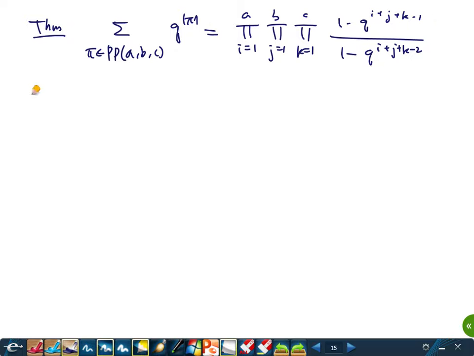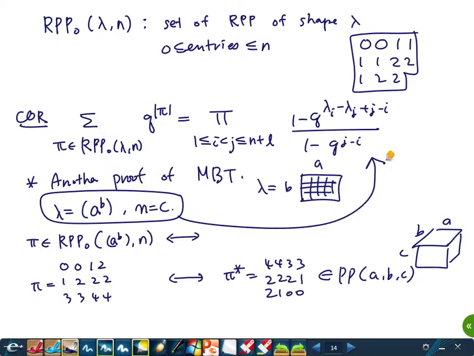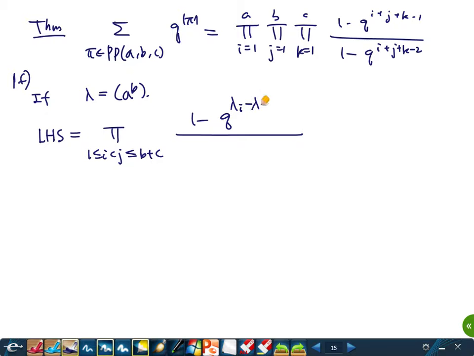So in the previous theorem, if lambda equals A^B, here we just plug in this thing, and this thing over here. All right? Then we get something like this. The proof. Our left hand side is equal to the product over i less than j up to B plus C of 1 minus q to the... I just replace this.